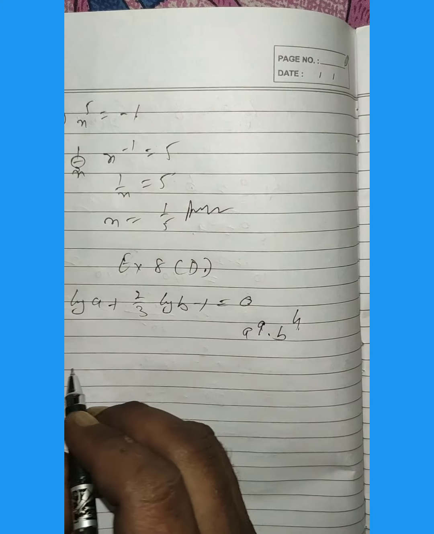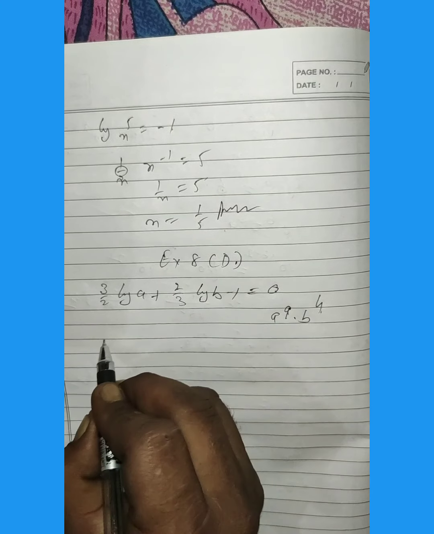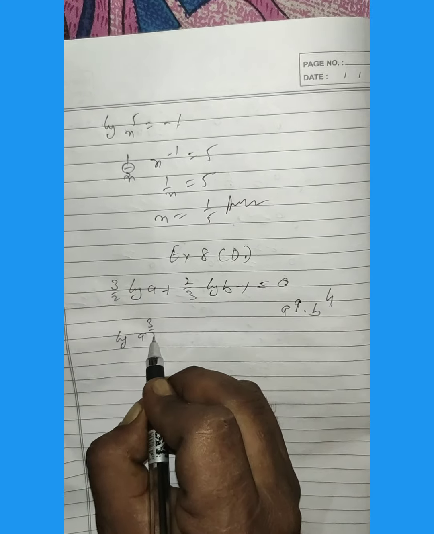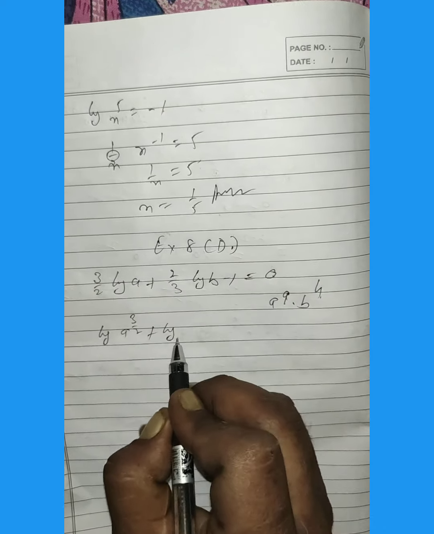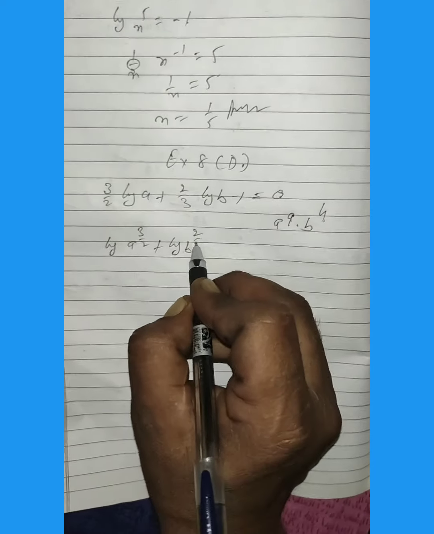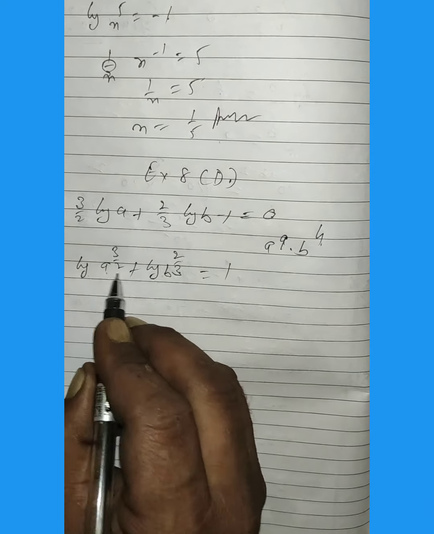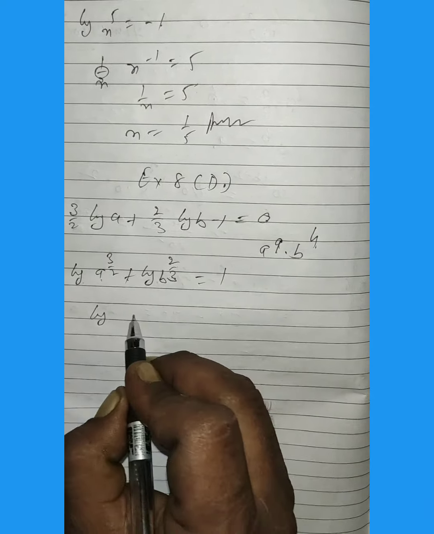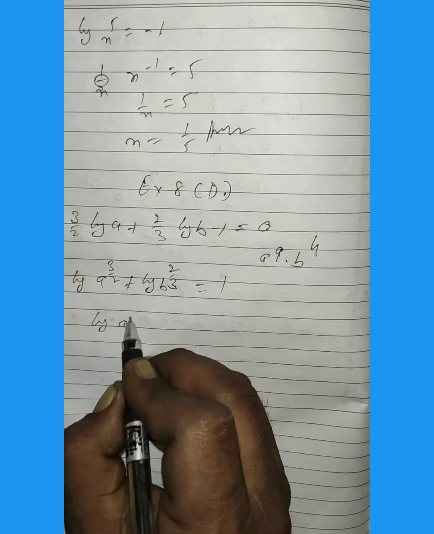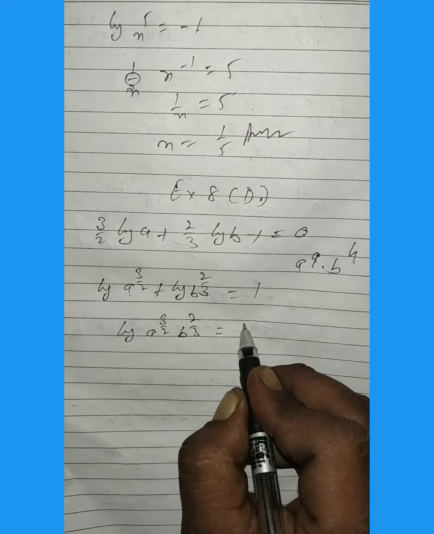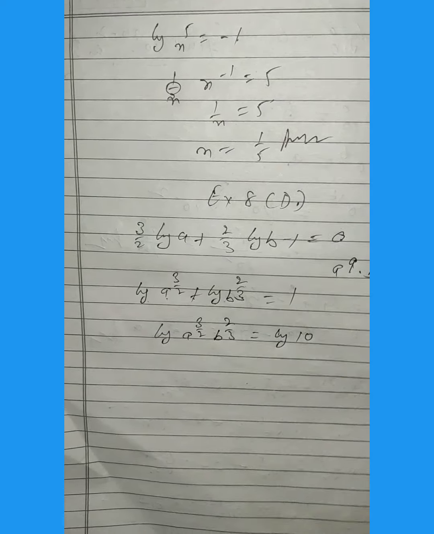So start. It becomes log a to the power 3 by 2 plus log b to the power 2 by 3 is equal to 1. It is log a plus log b, which is equal to log a into b. So log of a to the power 3 by 2, b to the power 2 by 3 is equal to log 10.